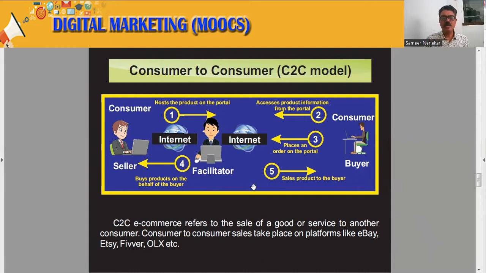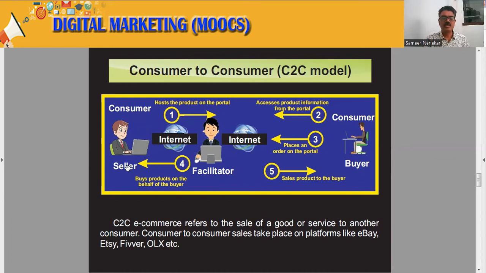So let us try to understand this model with the help of the figure. Now you can see that in this figure, at the seller side, the consumer is there, and at the buyer side, another consumer is there. So at the first step of this particular business model, what happens?